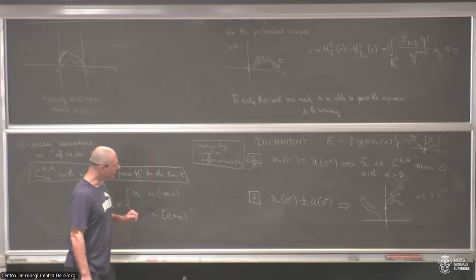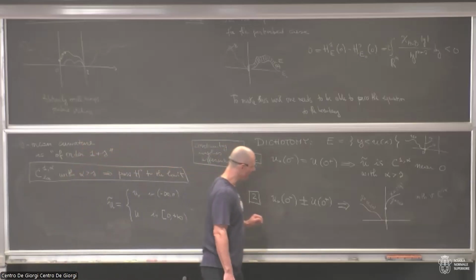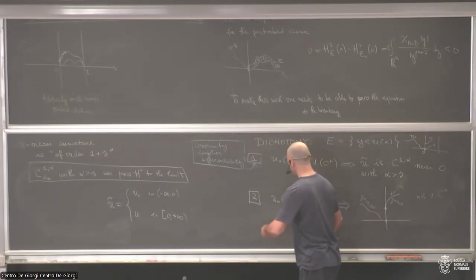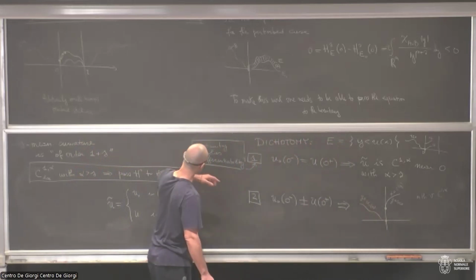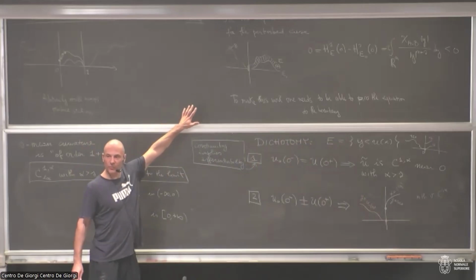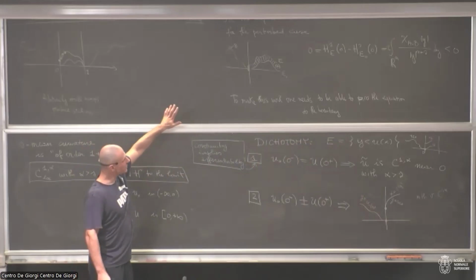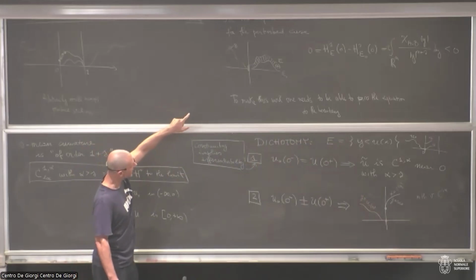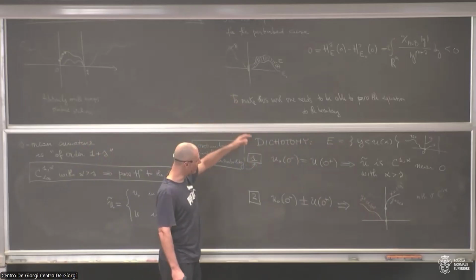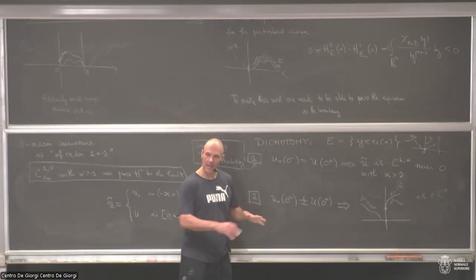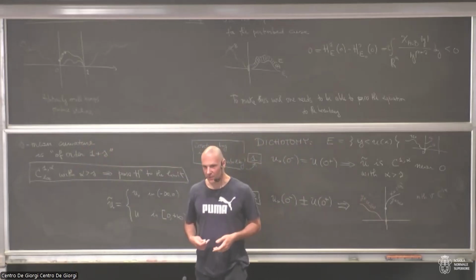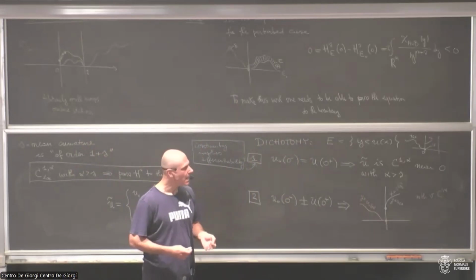Okay, so this dichotomy has a number of interesting effects. So first of all, point one of the dichotomy makes the previous proof correct now, because the only thing I was using there is that I can pass to the limit if I have continuity. So point one gives me sufficient regularity to pass the equation to the limit at the origin.